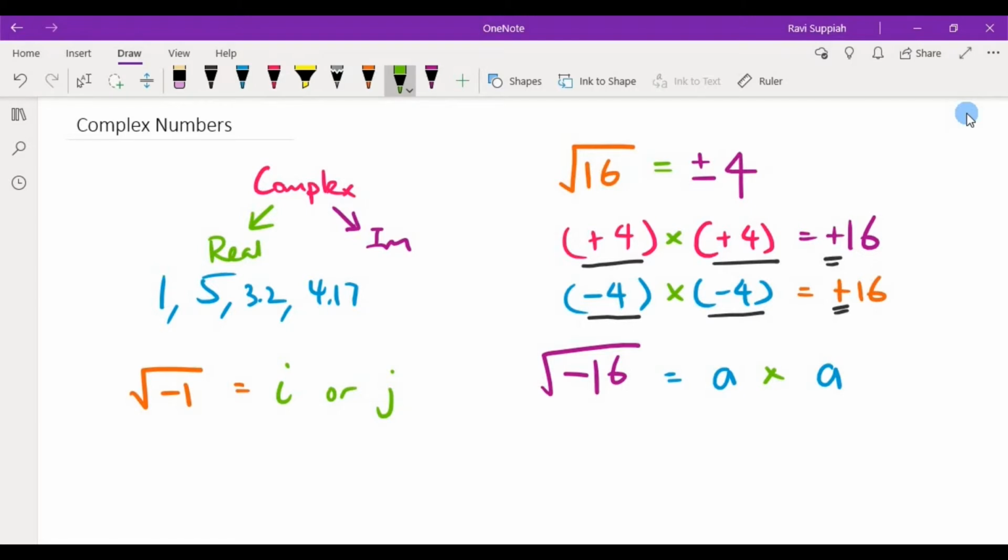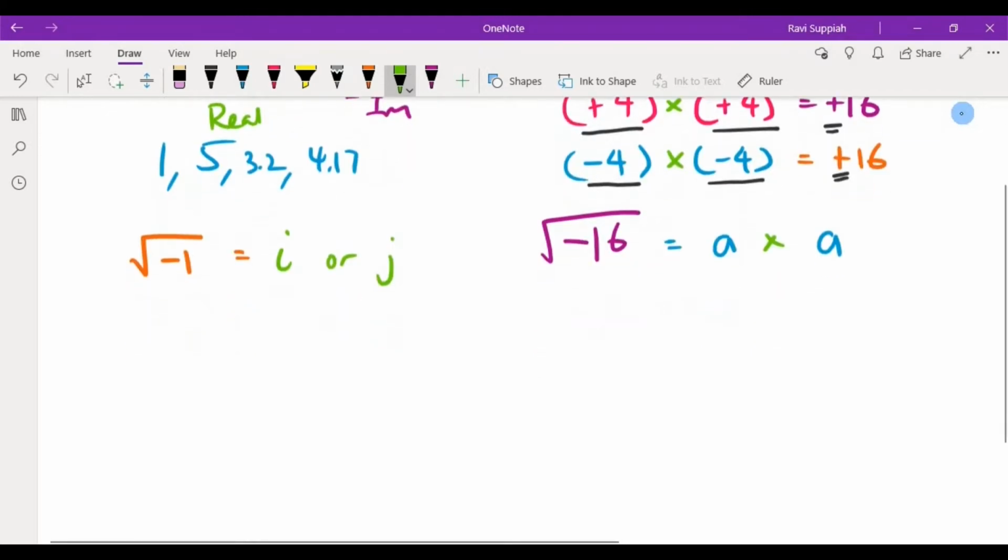In most online resources or textbooks that you refer to, square root of negative 1 is represented as i or j.